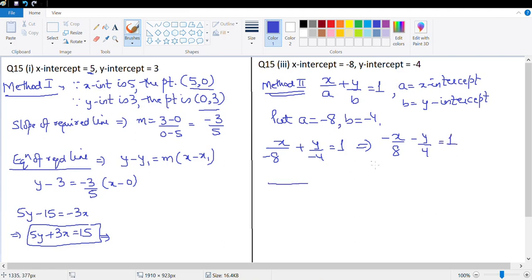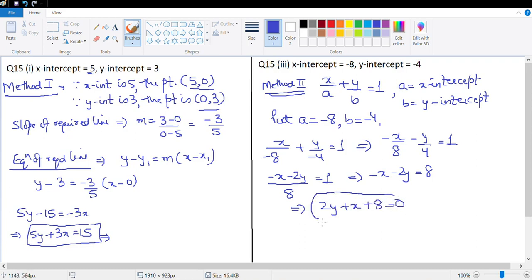Let's take LCM. The LCM of 8 and 4 is 8, which means -x minus 2y is equal to 1. Let's cross multiply, which means -x minus 2y is equal to 8. Let's take everything on one side, which means 2y plus x plus 8 is equal to 0. So that's the equation of the line which they want.